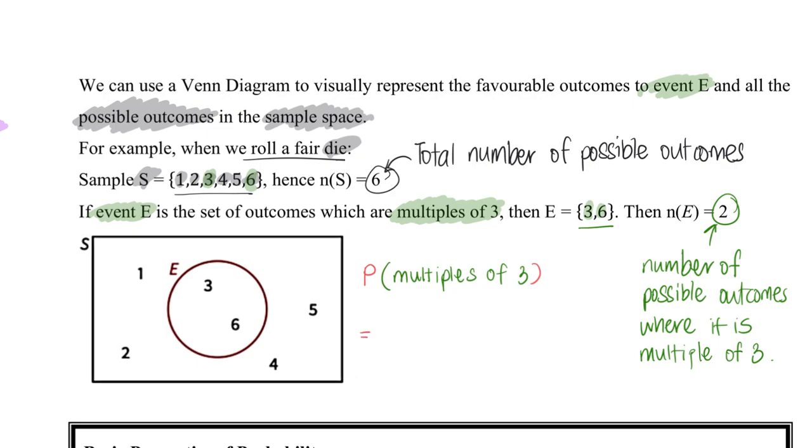And therefore, this will be equal to how many multiples of 3? 2 out of 6. Final answer: 1/3. Do leave your answer in simplest form.